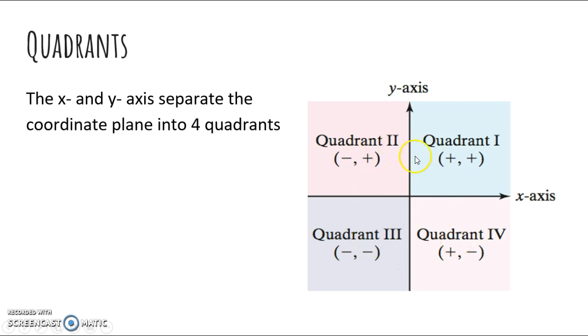So if it asks you what quadrant a point is in, you can do it one of two ways. You can look at the signs and use this little graphic organizer, or diagram. And the other way to do it is to actually plot the point and see where it falls.